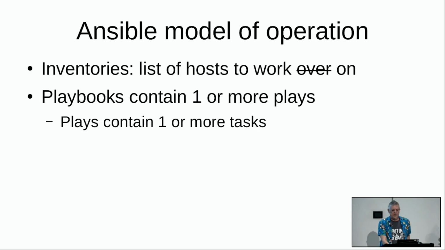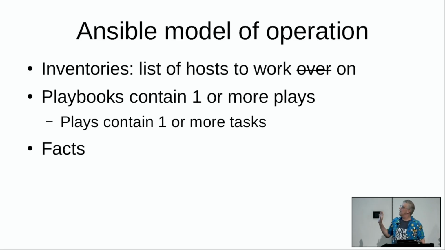So typically we have a playbook that's run. The playbook contains one or more plays, and within the plays they contain one or more tasks. Technically they can be zero, but then it's useless. You may as well not be running it, so we don't do that.